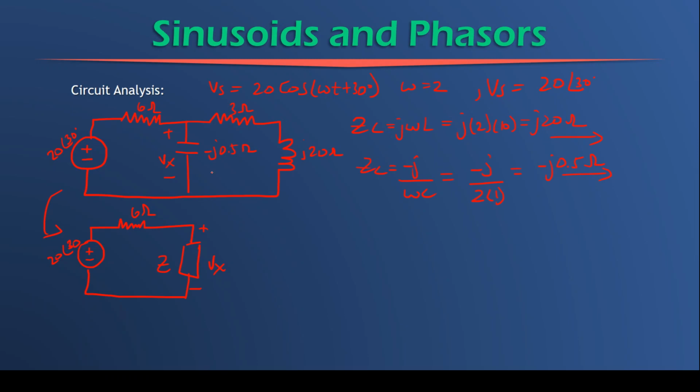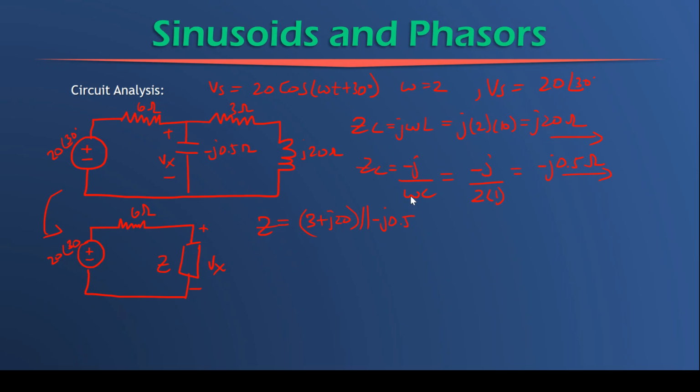What will the equivalent impedance there be? It must be Z equals 3 plus J20, and that must be in parallel with negative J0.5.